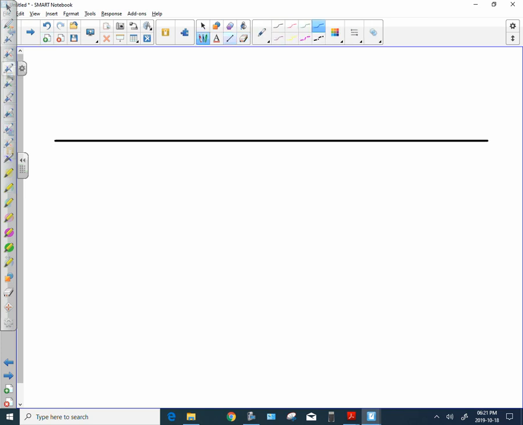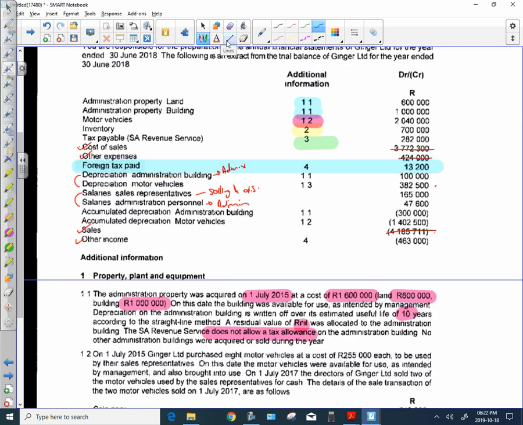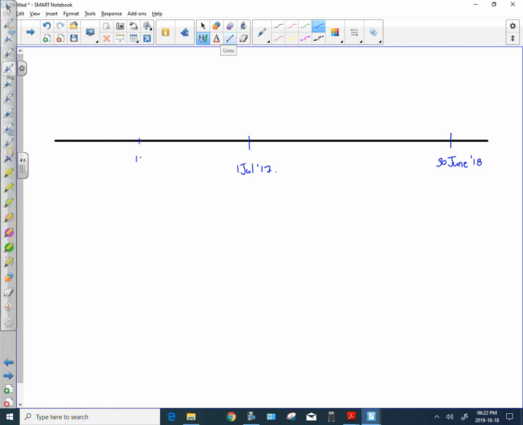Right, our year end is 30 June 2018. That makes the first day of our financial year the 1st of July 2017, and they told me that this building was purchased on the 1st of July 2015. So on the 1st of July 2015 we purchased this land and building.